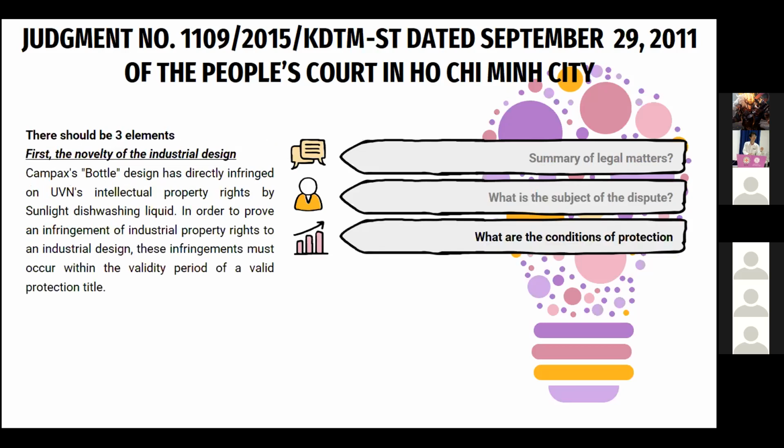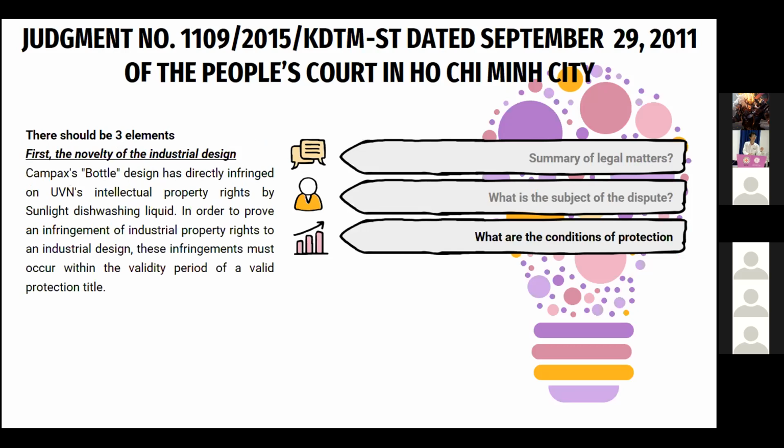Second, what are the conditions of protection? The object of protection in the above case is industrial design. Industrial design is a rather specific object of industrial property rights, unlike other groups of objects that protect internal elements.